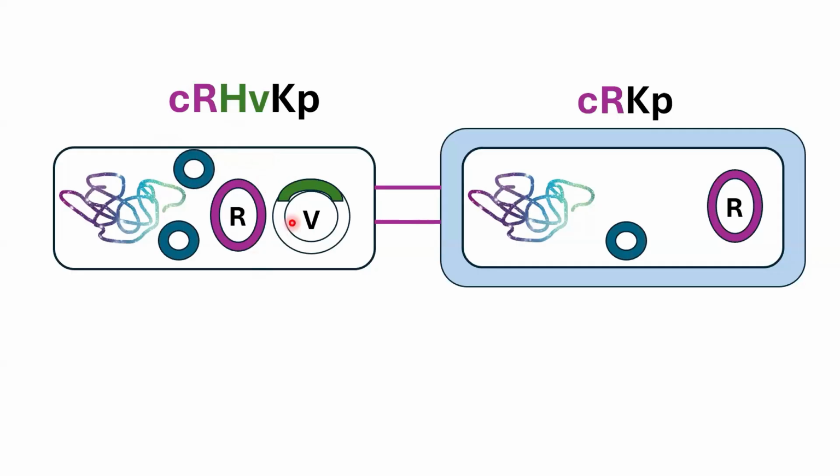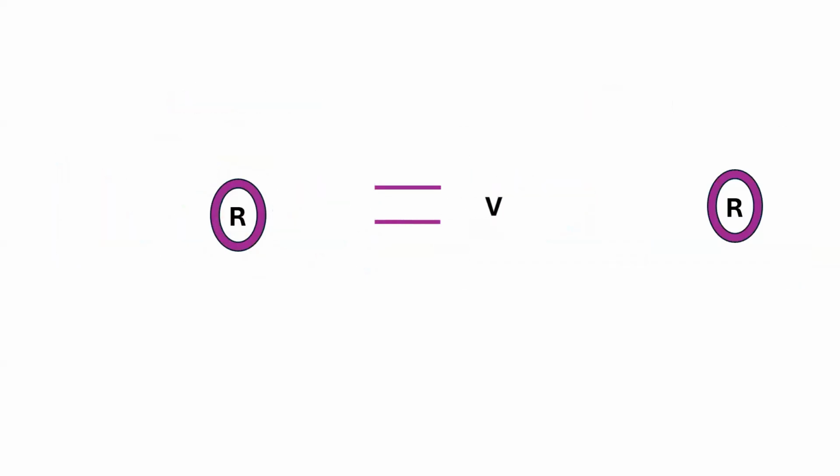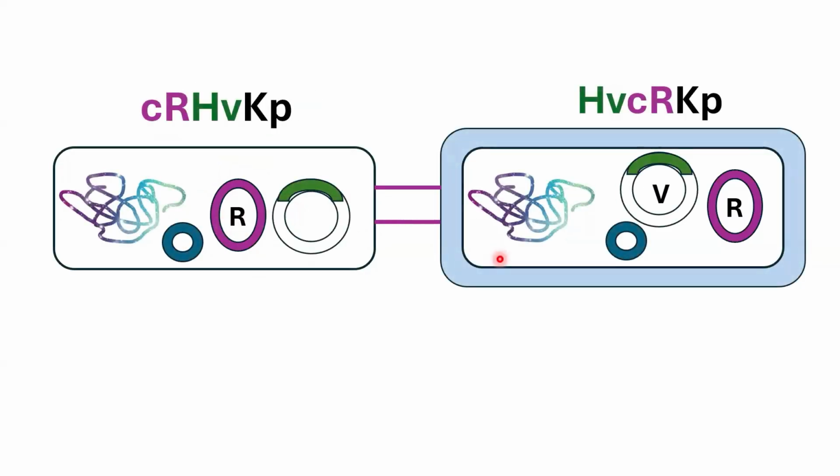And because the virulence plasmid was non-conjugable, but it now has a helper plasmid, which is the resistant plasmid, the virulence plasmid has also gone to isolates that were earlier carbapenem resistant. So we have two different clonal groups: one is CRHVKP and another is HVCRKP, depending upon when a particular plasmid came into a particular isolate.